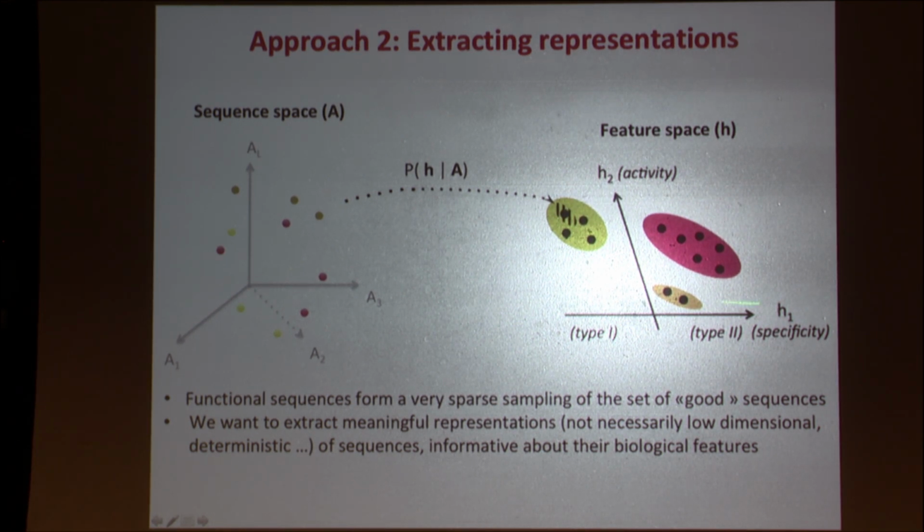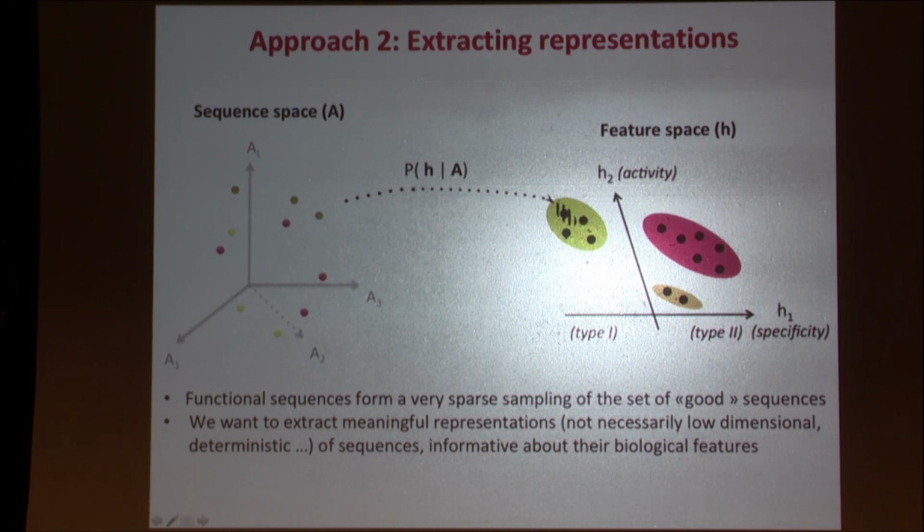So maybe one of these directions here will be the specificity of the WW domain. For instance, H1 is a real coordinate, and sequences on the positive side here will be type 2 specific, and on the negative side, they will be type 1. Maybe this axis here will be the activity, whether the binding is efficient or not.